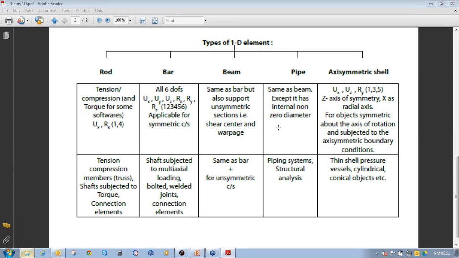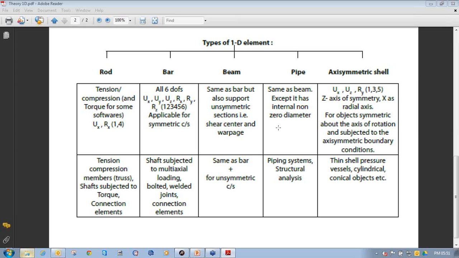The practical application is also the same as bar, but in addition to it, it also has unsymmetric cross section applications. For the practical application where the unsymmetric cross section is used, we can use beam elements to simulate in FEM solvers.